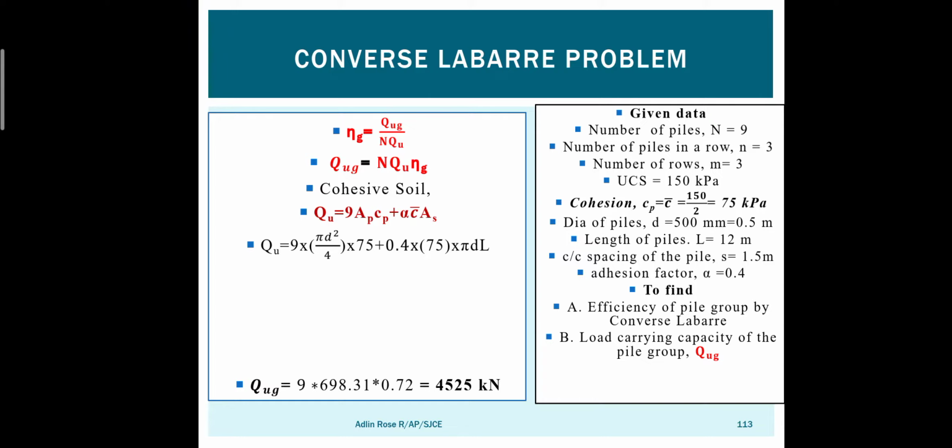So 75 plus alpha is 0.4 given in the question, adhesion factor. C bar is also the same 75 into As, the perimeter area. Perimeter into length. What is the perimeter of a circular pile? Pi d. So pi into d into L, length of the pile. Substitute the value of diameter and length. So you'll get 9 into pi into 0.5 square by 4 into 75 plus 0.4 into 75 into pi into 0.5 into 12.